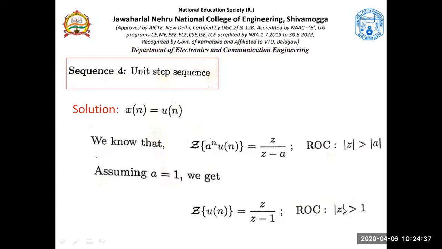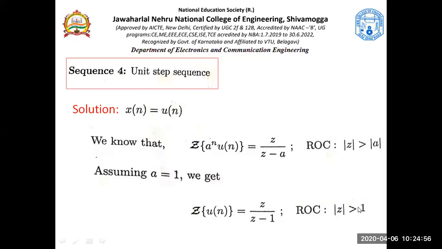Here the region of convergence was outside the circle with radius a, but now a is 1 in u of n. That's why region of convergence is outside the circle with radius 1. Is the meaning of this.